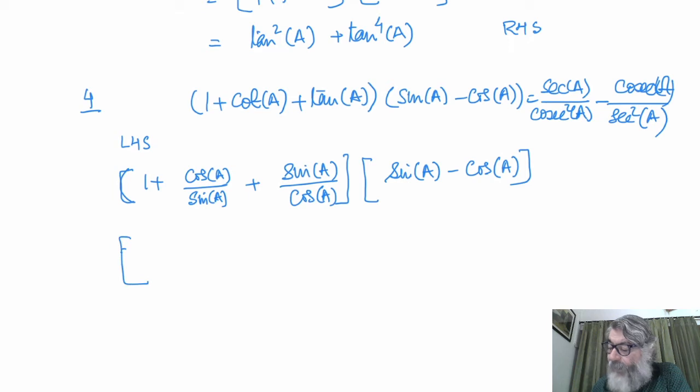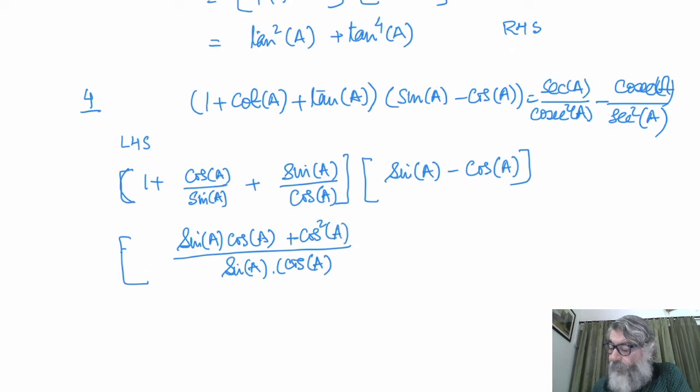If I take sin a and cos a as the LCM, what will I get? I'll get sin a into cos a plus cos square a plus sin square a, upon sin a cos a, into sin a minus cos a.